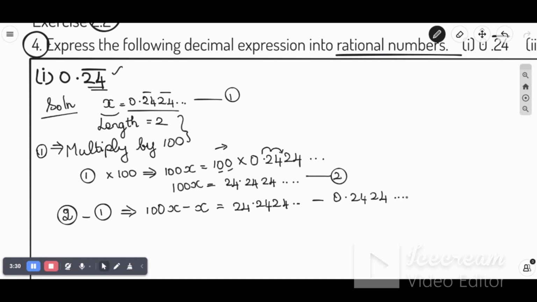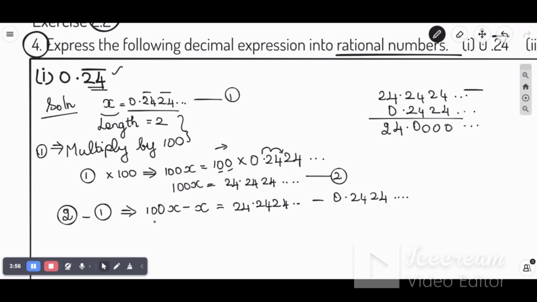So this is your subtraction. Let me write it clearly here: 24.2424, it goes on, minus 0.2424. If you could see clearly, whatever recurring goes on, it gets cancelled. 0, 0, 0, 0. The same thing happens here also, and you will get your 24.